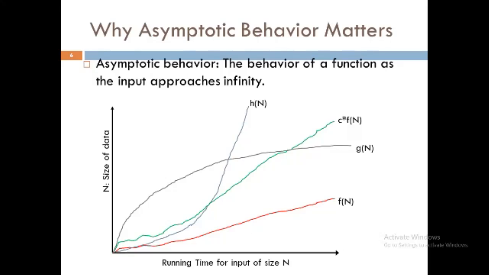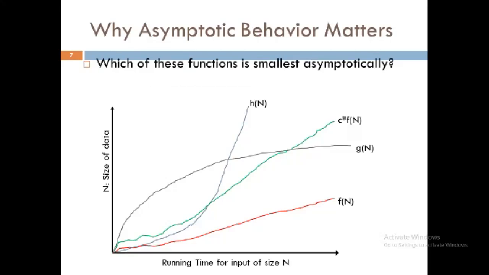The approximation of the solution of a boundary value problem, for example, the solution of this boundary value problem is given in these approximations. So which of these functions is the smallest asymptotically? For finding the asymptotically smallest function, let us consider h of n, c f of n, and then g of n and f of n.